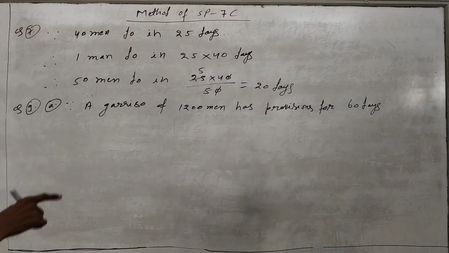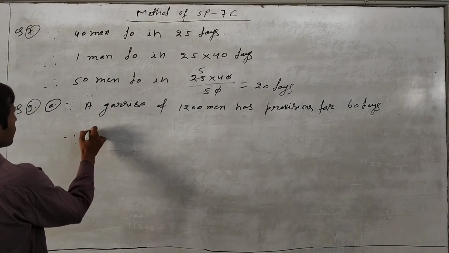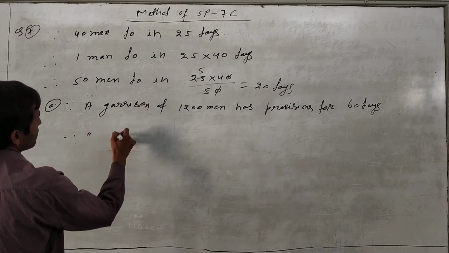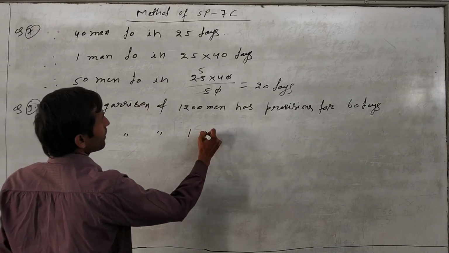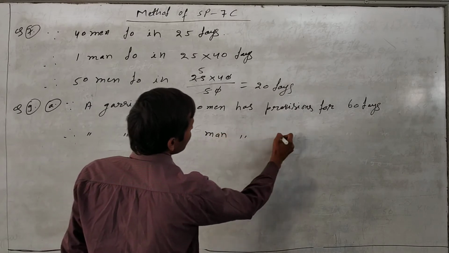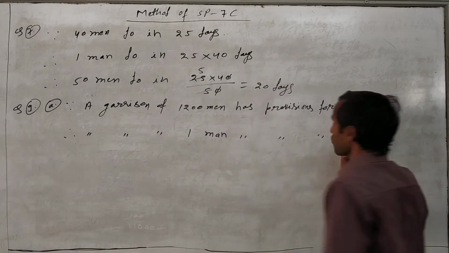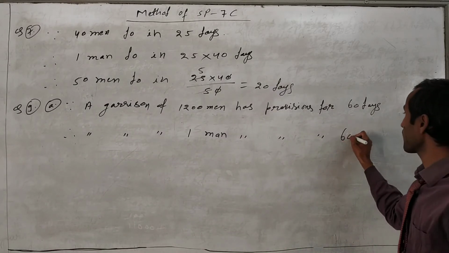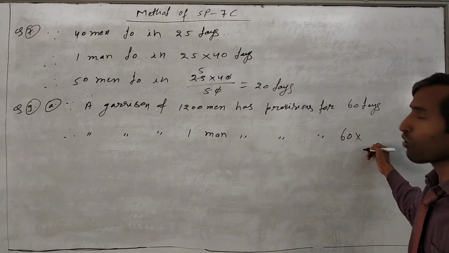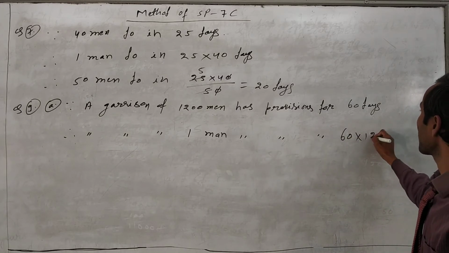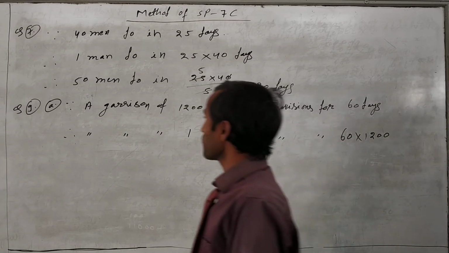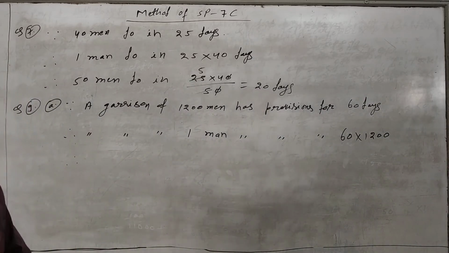How much provision will it take? A garrison of one man has provision for, sure, more time, so we will multiply here, because it will finish in more time. So 60 into 1200. Now we have to find for 600, because they have decreased by 600.